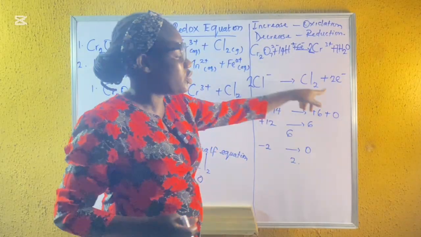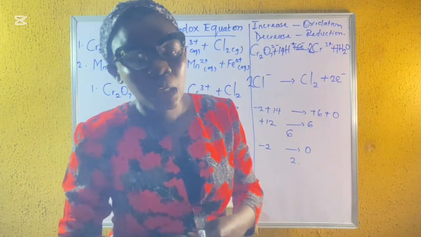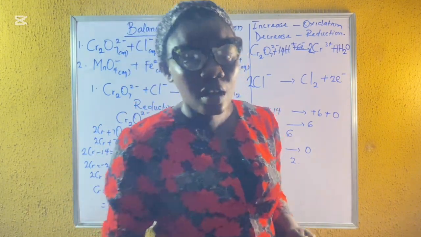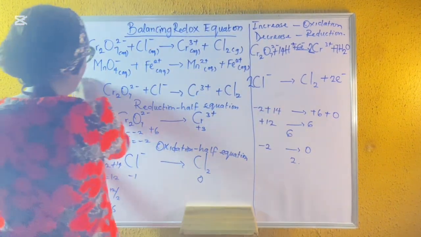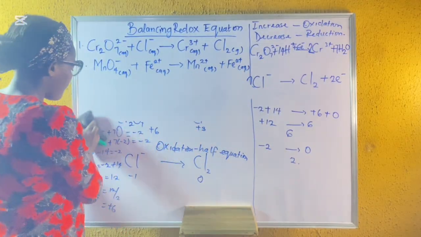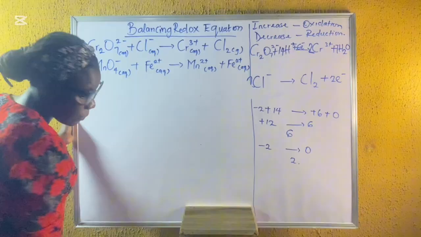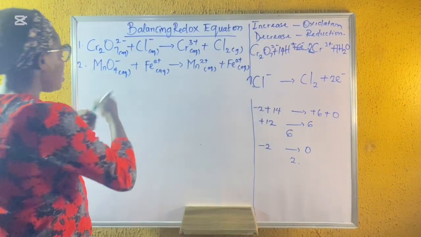But we have 6 electrons and we have 2 electrons. So let's make the electrons balance so as to have a final answer.